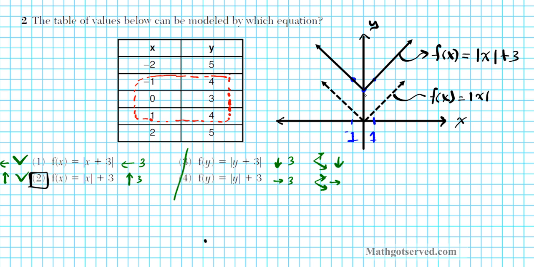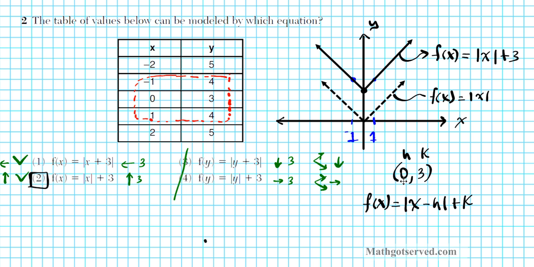Another way you can do this is you take a look at the vertex. Okay, the vertex is 0, comma 3. So this is h, and this is k. And you know that for absolute values, you can write it as f of x equals the absolute value of x minus h, plus k.